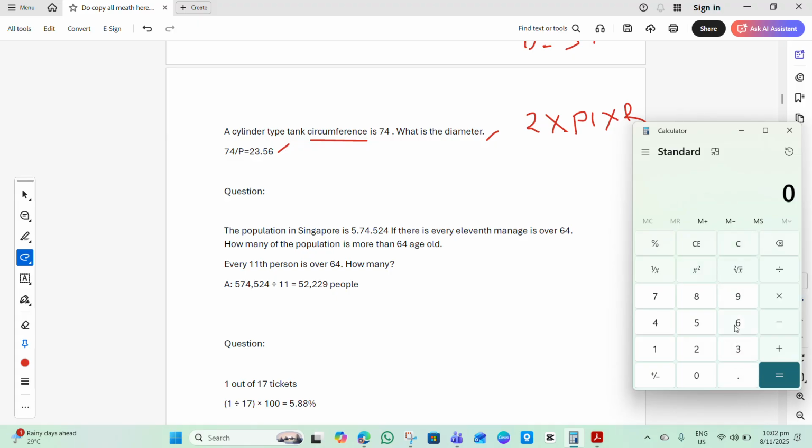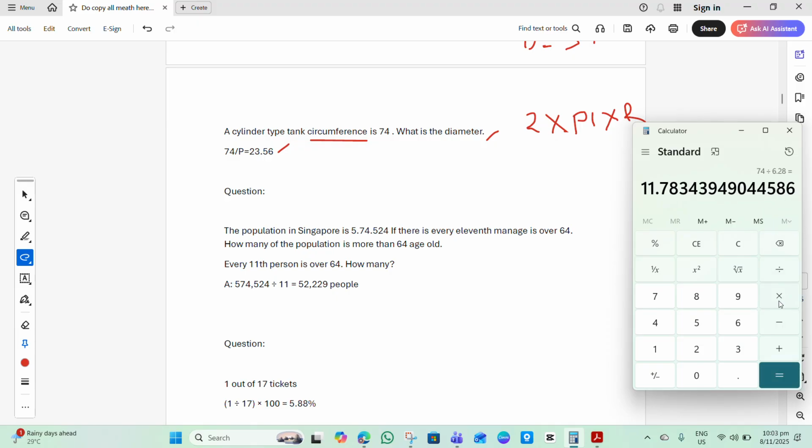Two times 3.14 is 6.28. So we divide 74 by 6.28. Yes, correct.